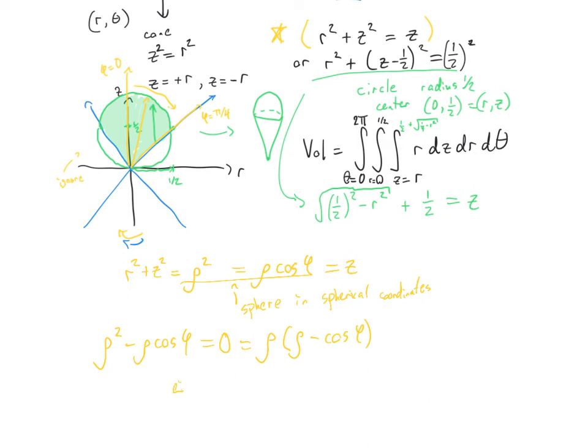So either rho is just 0, so that's a sphere with no radius, so that's not what we want. Or rho equals cosine of phi, and so that is in fact the expression we want. This is the sphere.